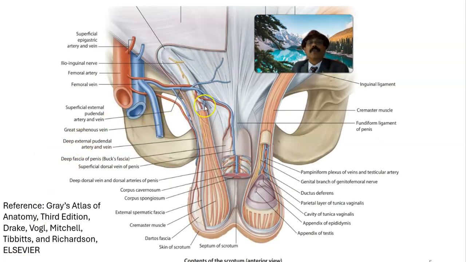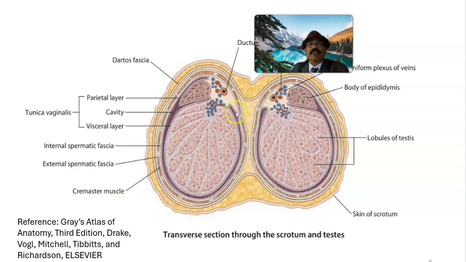So the spermatic cord is suspending the testis in the scrotum. This is the scrotum. This is the testis. This is the spermatic cord. This is part of the pampiniform plexus of veins. Eventually, we get the testicular vein on both sides from the pampiniform plexus. This is a transverse section of the scrotum and testis.